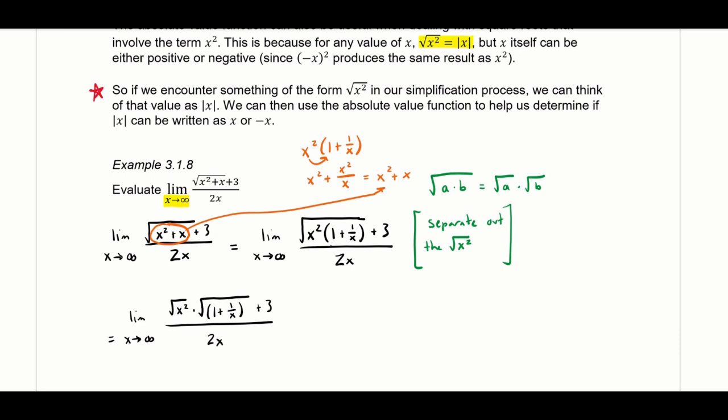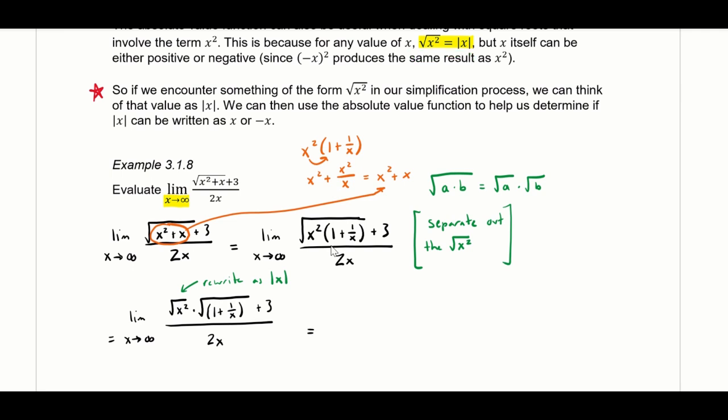And then the other thing I'm going to do is rewrite this square root of x squared as the absolute value of x because of this relationship up here, which again seems maybe a little bit convoluted, but we're trying to simplify things. We're trying to make sure we get the right sign of our limit.